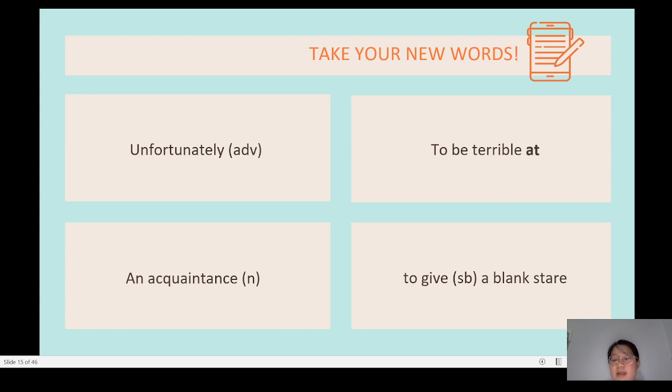To be terrible at it means that you don't have a good ability to do something. And the word acquaintance is a synonym of stranger. Give someone a blank stare is to express the situation where you cause surprise or confusion to the partner.